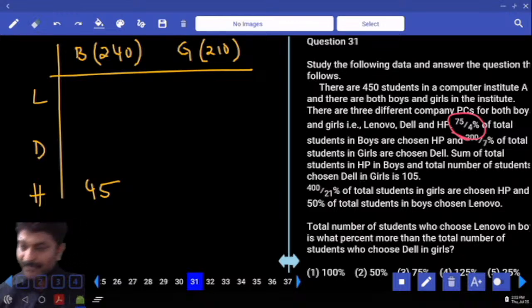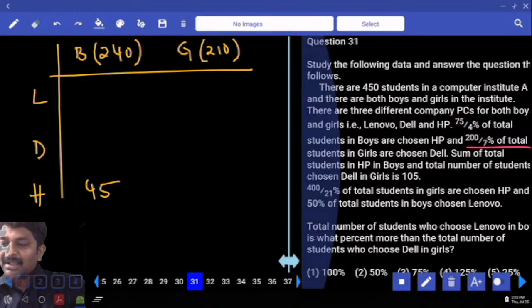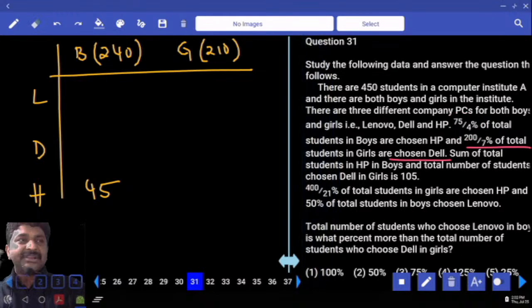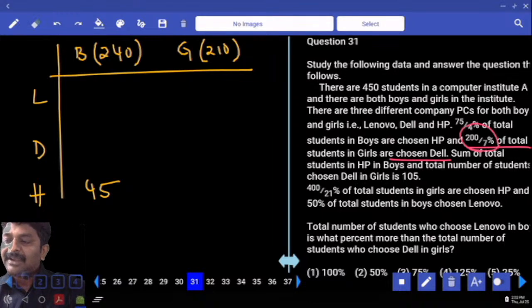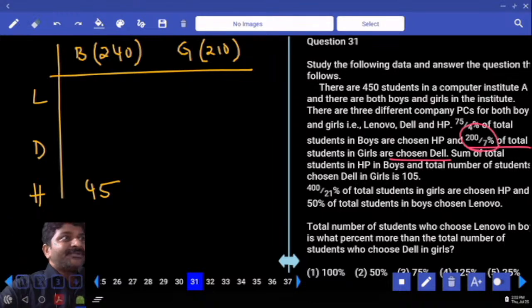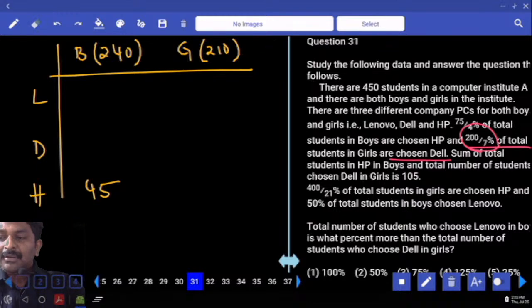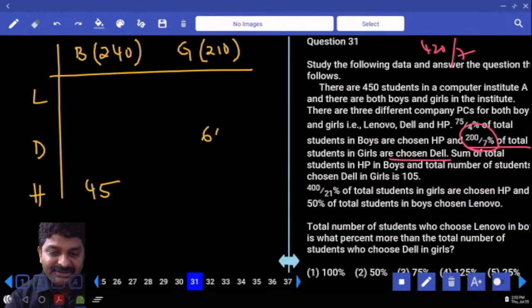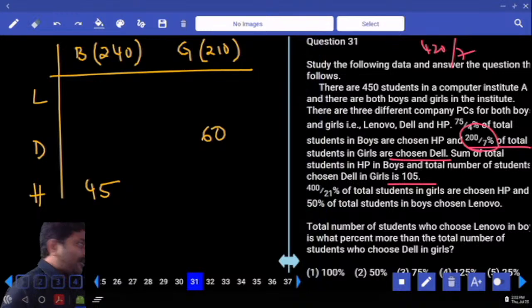Easy. Next, among girls, those who chose Dell: 200 by 7%. Let's first take 200%. What is 200%? 4 divided by how many? 60. Otherwise also we know that the sum is 105. If this one is 45, the other is 60 easily. Right. Continue.